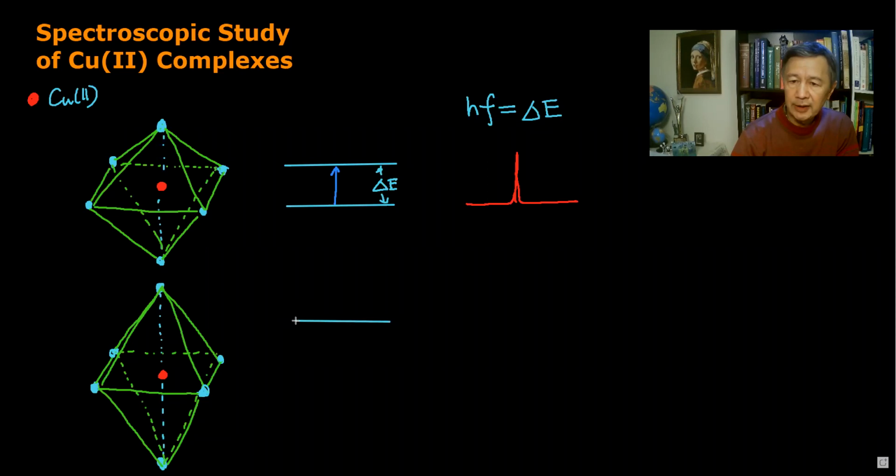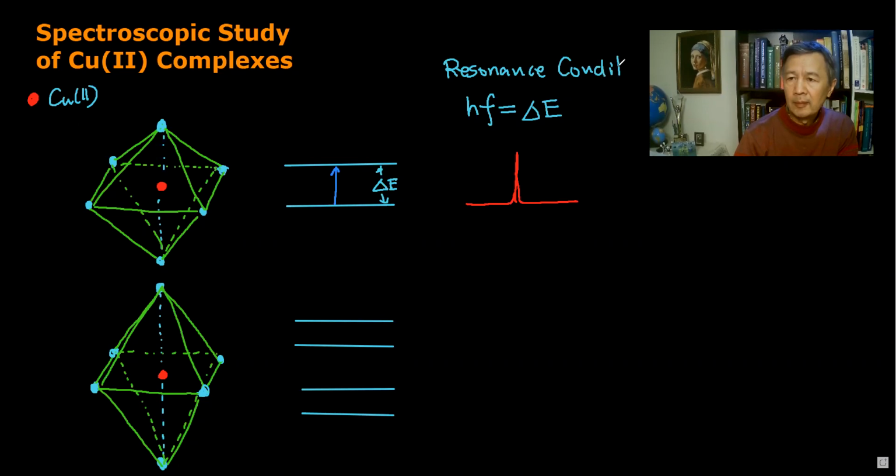Instead of 2 energy levels, we will see 4 energy levels, like this. Then, according to this resonance condition, the absorption resonance, more transitions can be determined.